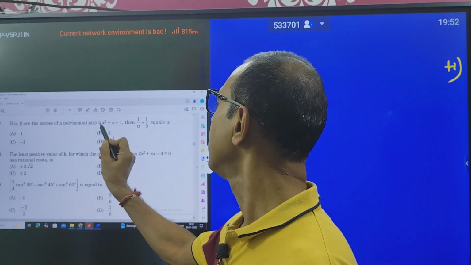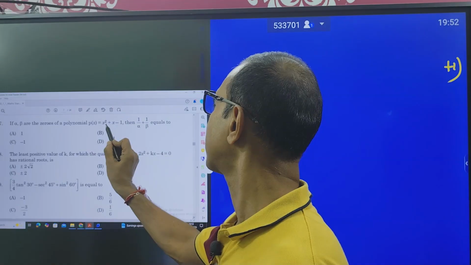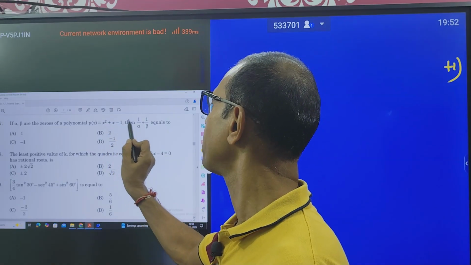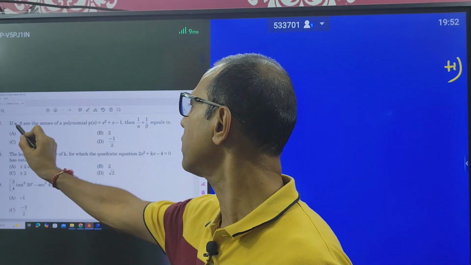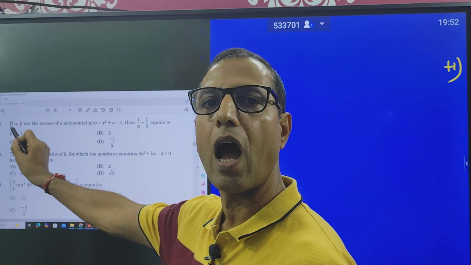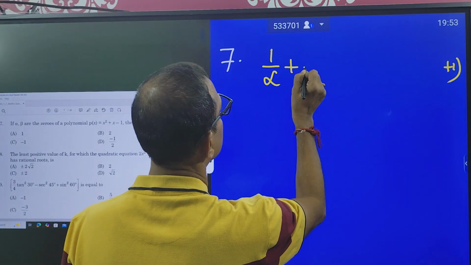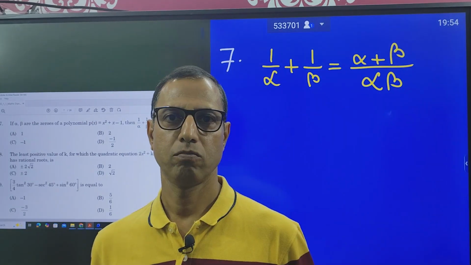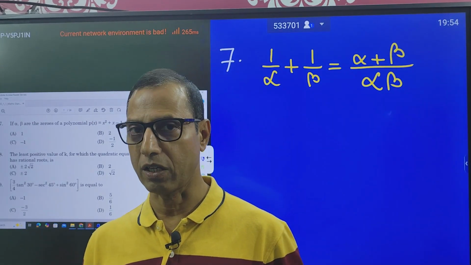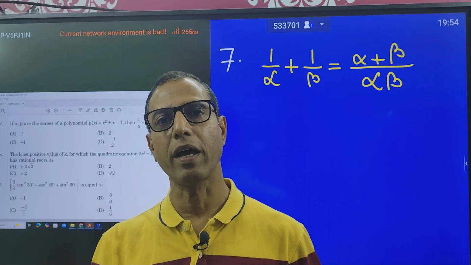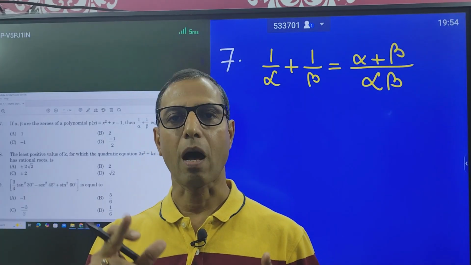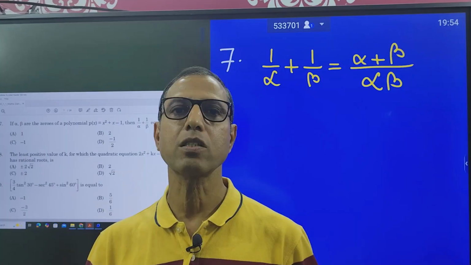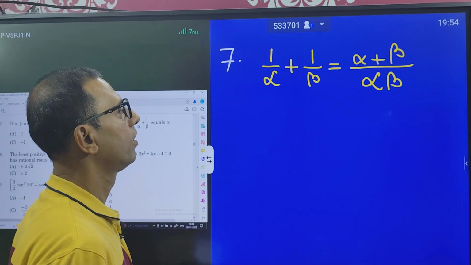What does it mean? That means for this quadratic equation, x square plus x minus 1, the roots are alpha and beta. Got it? You can represent any quadratic equation in this form: x square minus sum of the roots into x plus product of the roots.